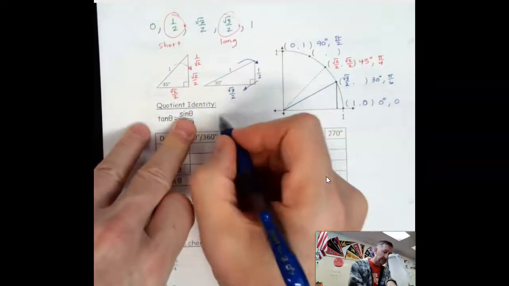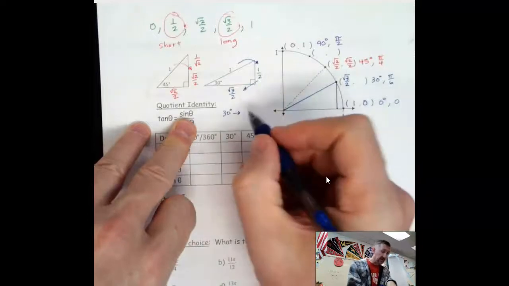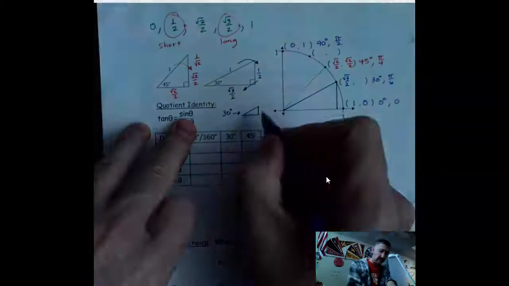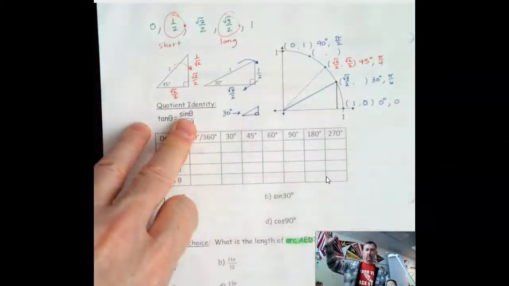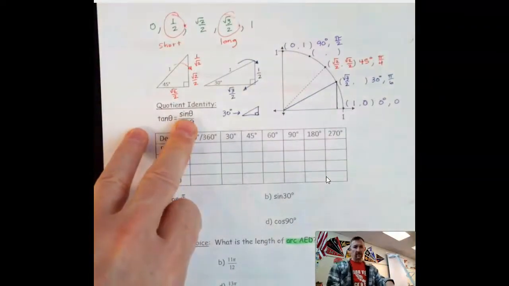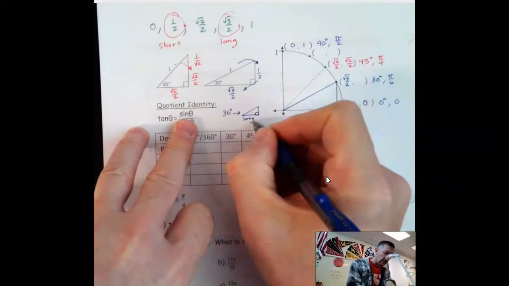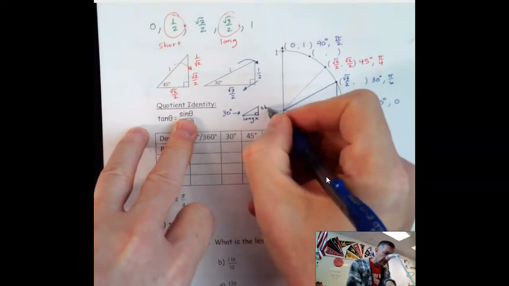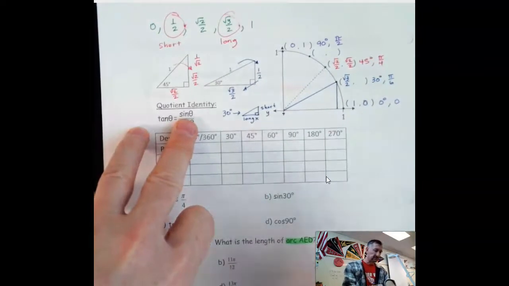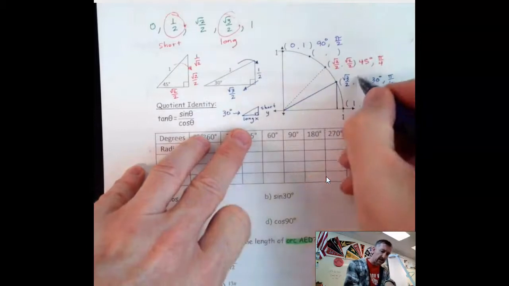So the way I think about that is I go, okay, 30 degrees, and then I look at this, and that's going to be a long x and a short y. So the long x is root 3 over 2, and the short y is 1/2.